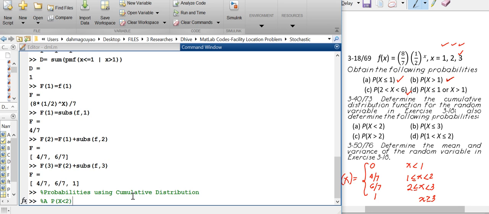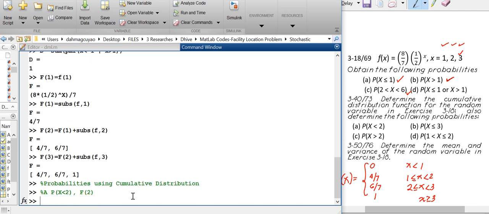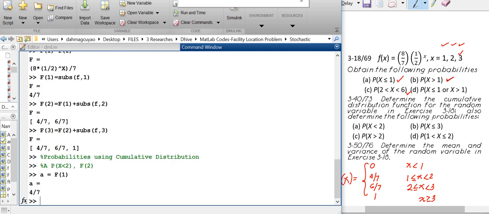So this is just f of 2. But since we are looking for value less than 2, so it would be f of 1. So for letter A, we have f of 1. That is the value, that is the boundary less than 2. So f of 1.